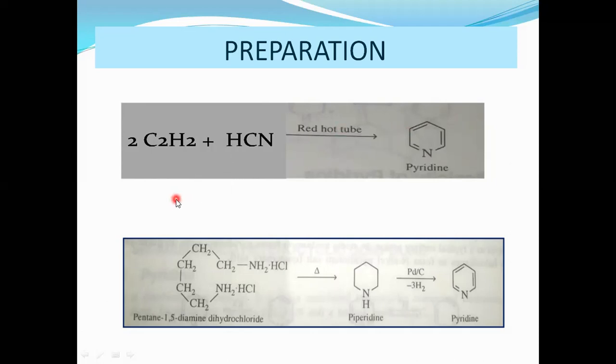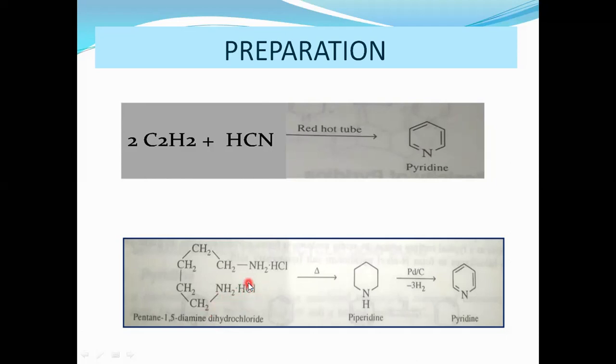The second method is the synthesis from pentane 1,5-diamine dihydrochloride. This is pentane, 1, 2, 3, 4, 5, in which two NH2 groups are bonded to the first carbon and the fifth carbon. So this is pentane 1,5-diamine dihydrochloride.